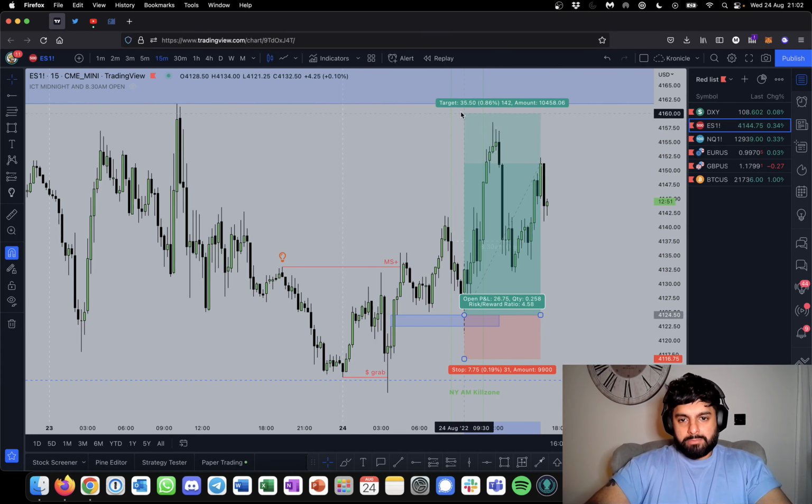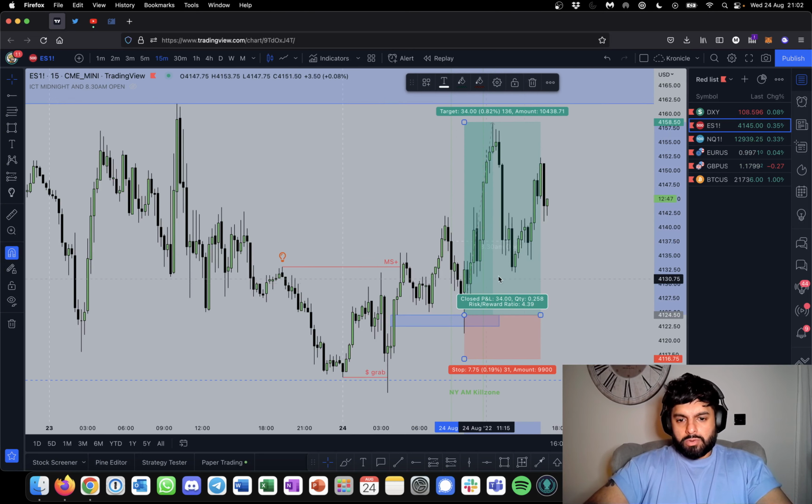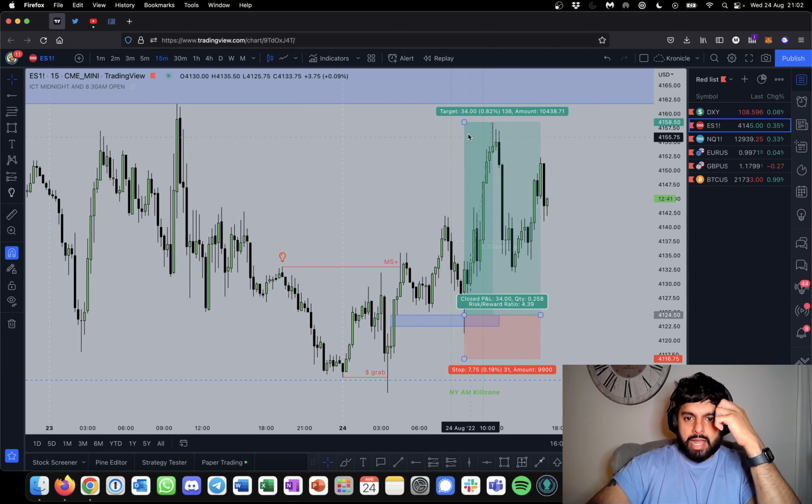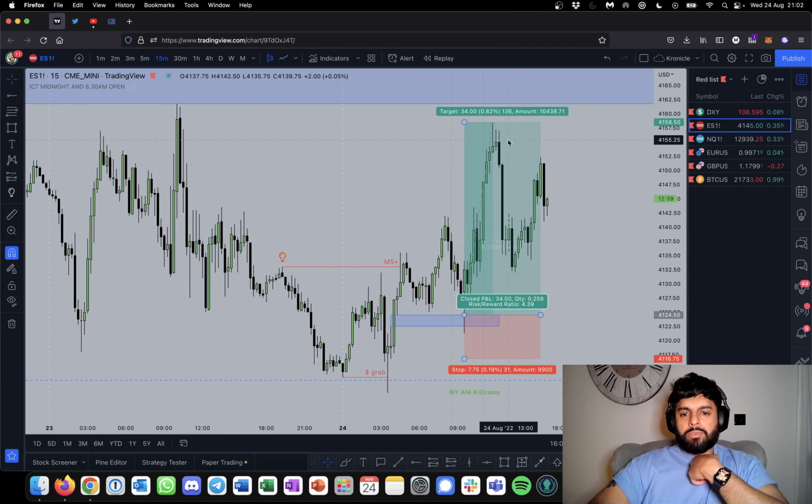That wouldn't have been achieved, but depending on if you're using a trailing stop loss or moving your stop loss higher, you probably could have been knocked out there.